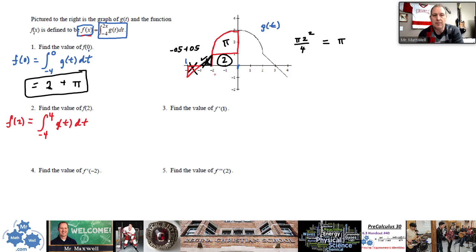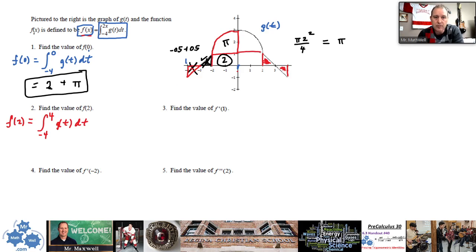From the graph, I'm going to go now from -4. Well, I know what -4 to 0 is, right? So now I just need to add from 0 to +4. This looks fairly symmetrical, so these two are going to cancel each other out. -4 to 4, this is looking good.